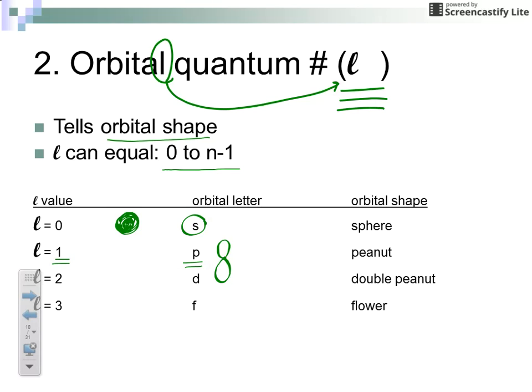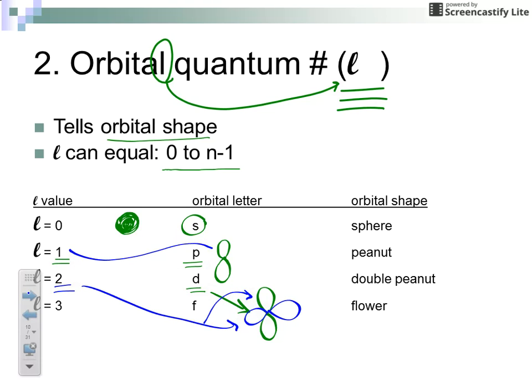If you have a d orbital, remember I said think about a double peanut. So you have 1, 2 peanuts here. So L is equal to 2, because I got 2 peanuts. That's how you can remember it. L is 1 because I have 1 peanut. Again, these are just little ways that I remember it that I'm sharing with you.